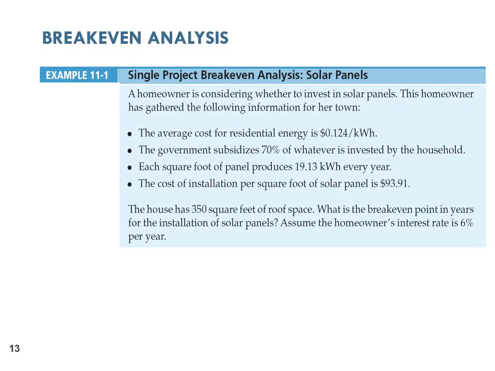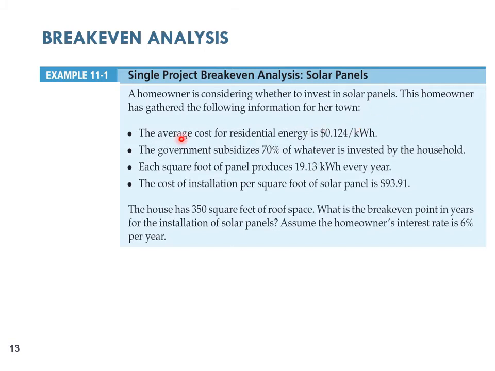So let's solve this example from your book, and it will help understanding. It's said that there is a homeowner who wants to invest in solar panels at the top of his house, at the roof of his house. He wants to install solar panels.